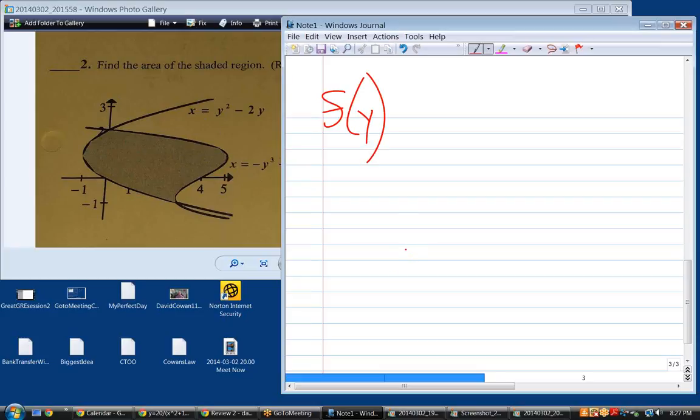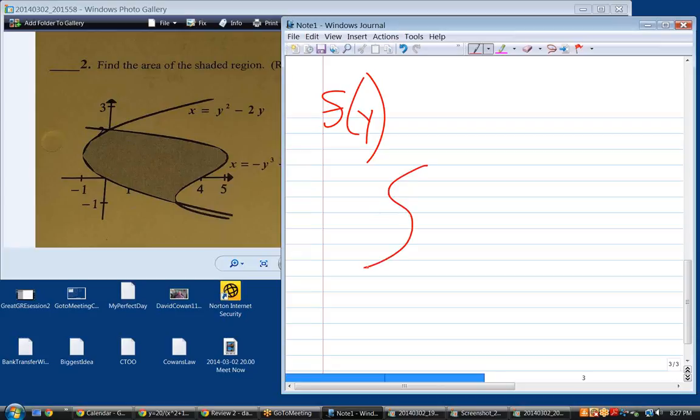So that function is the one on the left. This function is the one on the right. So we go right minus left, just like if we were integrating the other way, we would go top minus bottom.